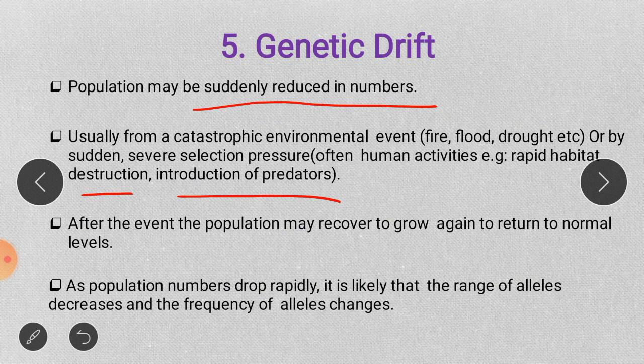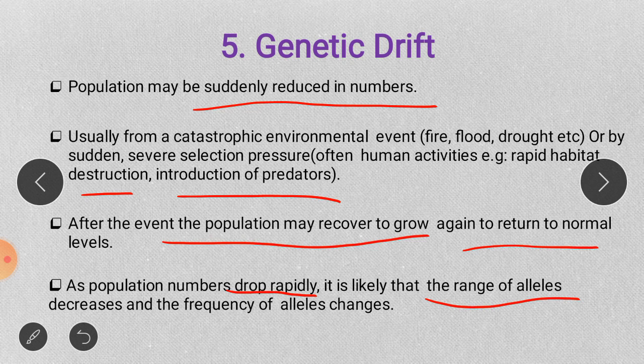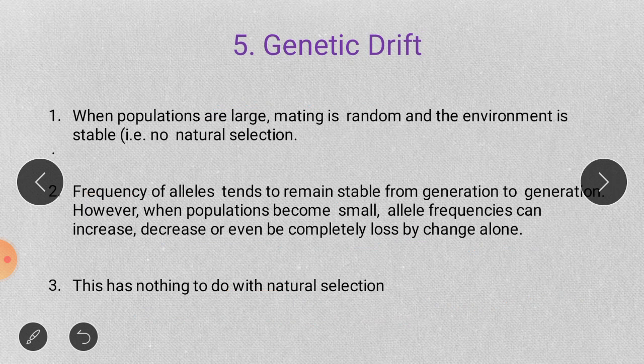After the event, the population may recover to grow again, to return to normal levels, but the population number is going to drop rapidly, due to which the range of alleles decreases and the frequency of alleles is going to change. After the event, few individuals are going to die or can't survive, and due to this there is a shift in allelic frequency.